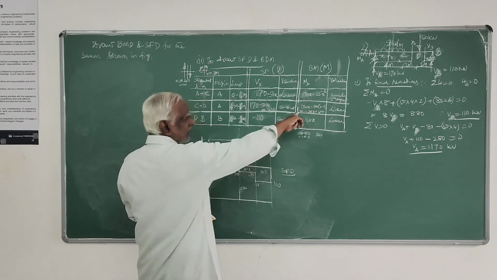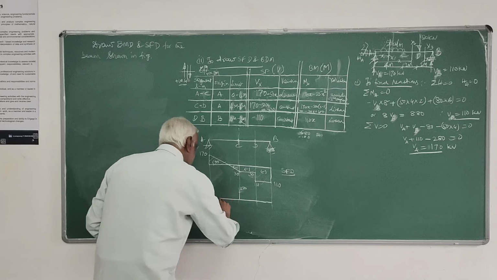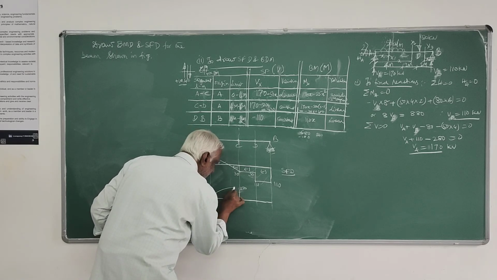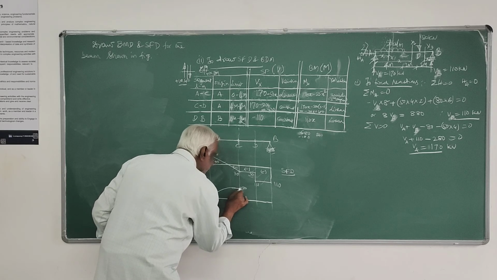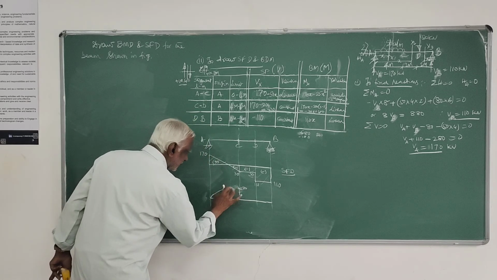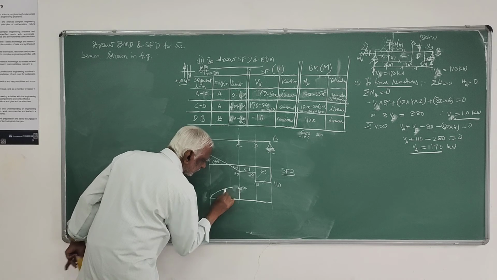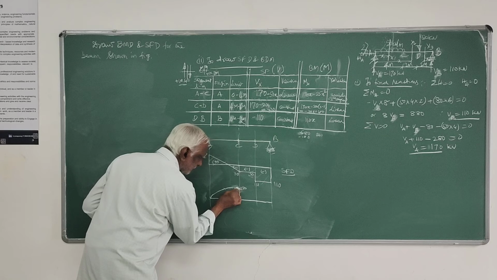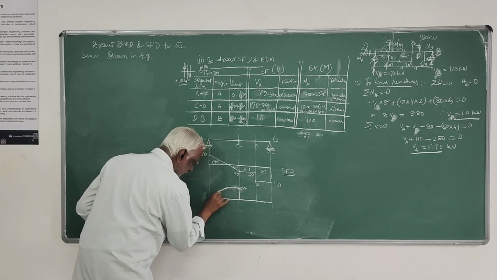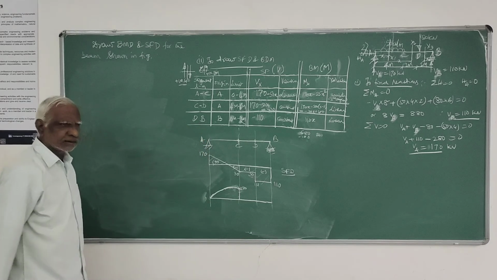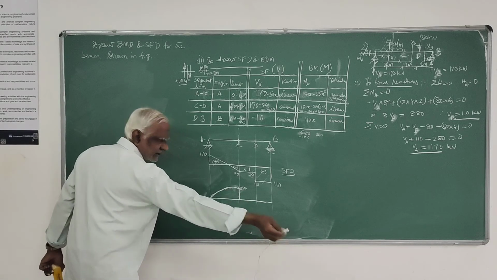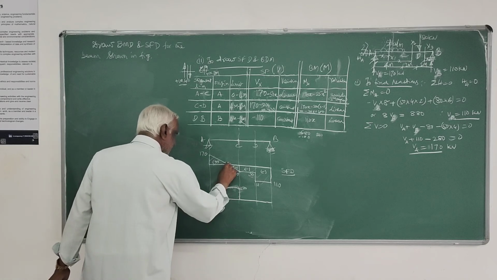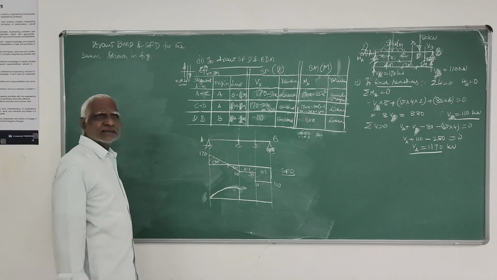The variation is parabolic, so parabolic means it shows a curved shape like that. It need not be maximum there, you can show it in this fashion. Now, as I told you in the previous example, here shear force is 0.